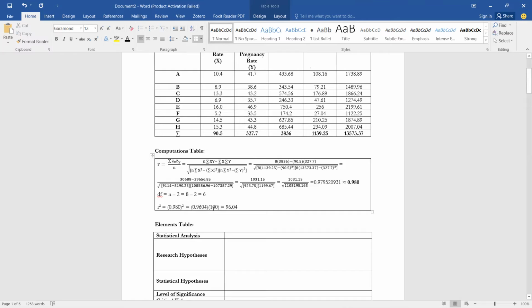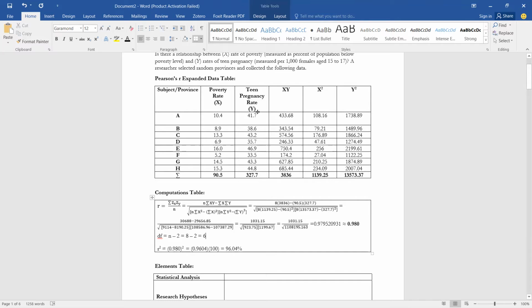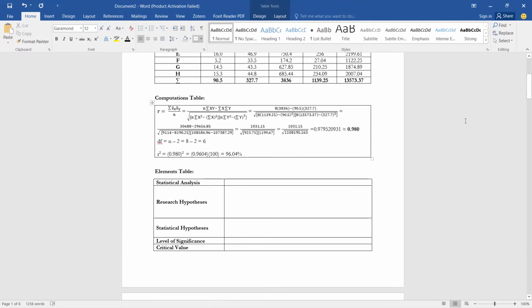Multiply it by 100, so you get 96.04%. So that's your computation, simple as that. So you just really need the elements from this expanded data table so that it'll be easier with the formula.